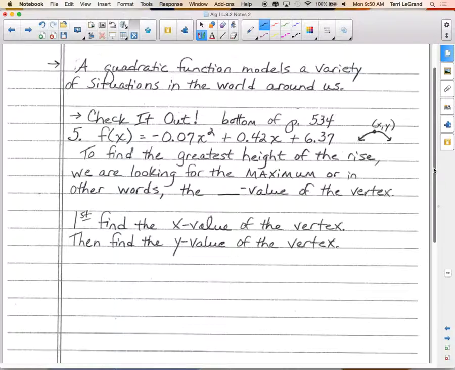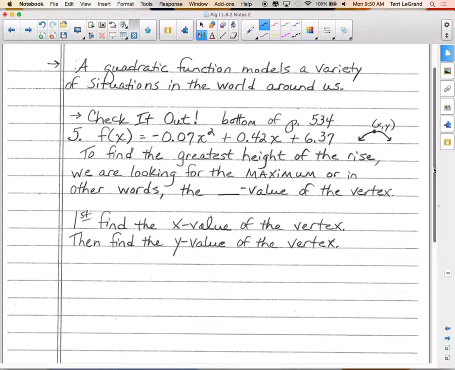So we are on bottom of page 534 now, and we are going to do the height of a small rise in a roller coaster track is modeled by f of x equals negative 7/100 x squared plus 42/100 x plus 6 37/100, where x is the horizontal distance in feet from a support pole at ground level.